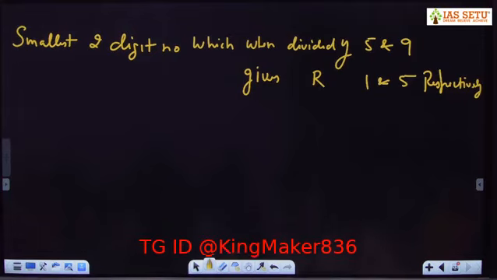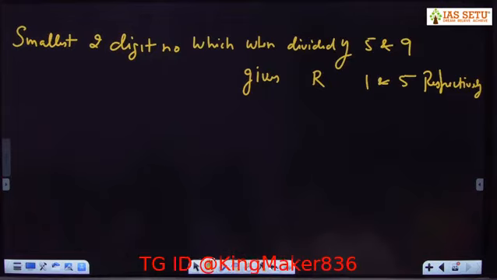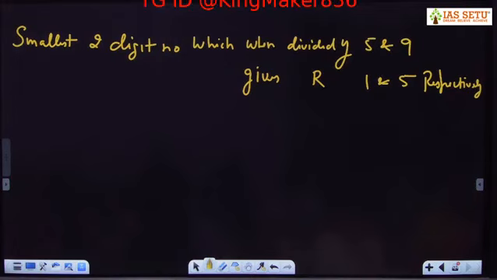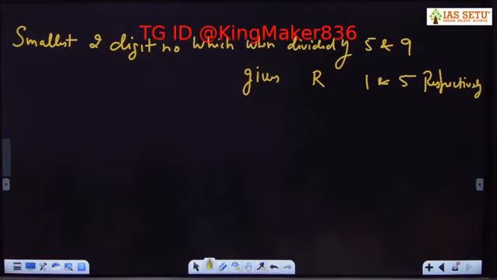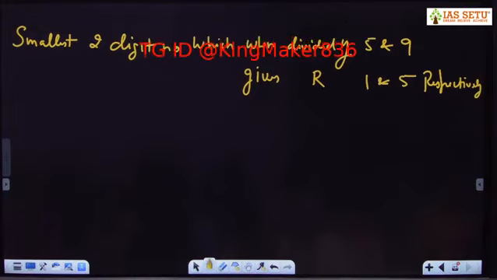See, many students what they do, they are doing hit and trial. और what you see 10 to 99, आप चेक करके देख रहे हो क्या हो सकता है. So it is not a question of hit and trial, it is a conceptual question. ऐसा नहीं कि आपको चेक करना है सारे नंबर की क्या क्या हो रहा है.